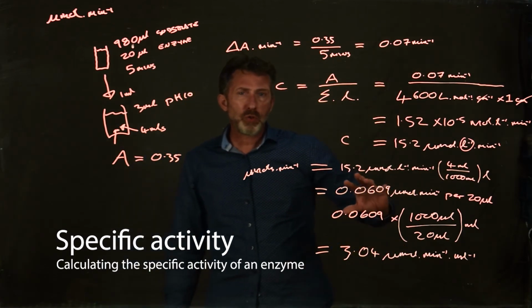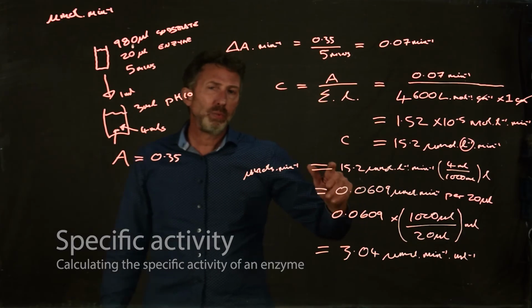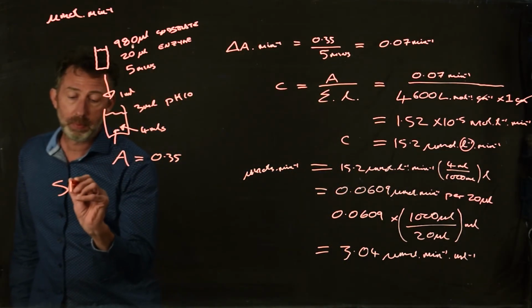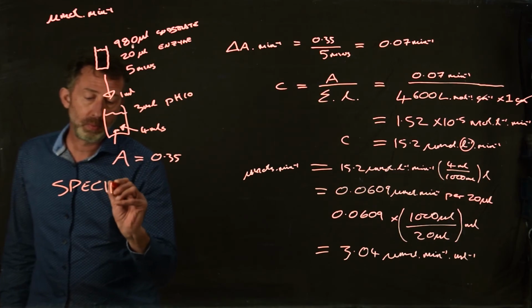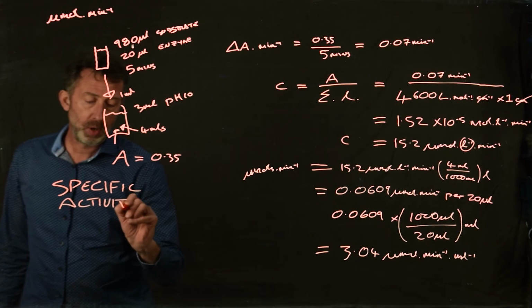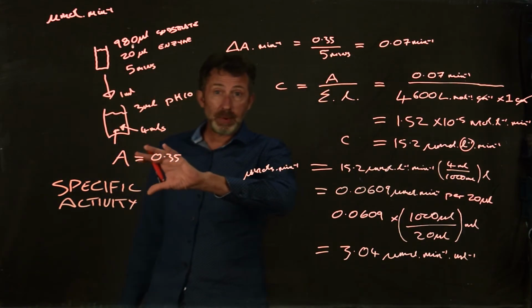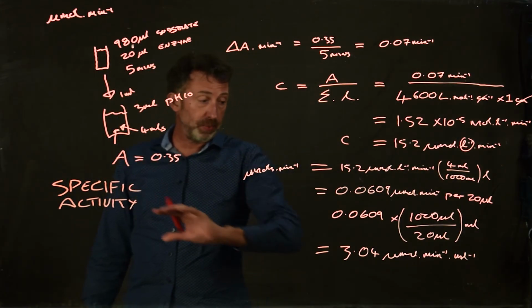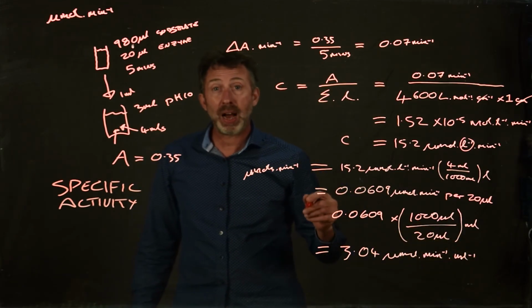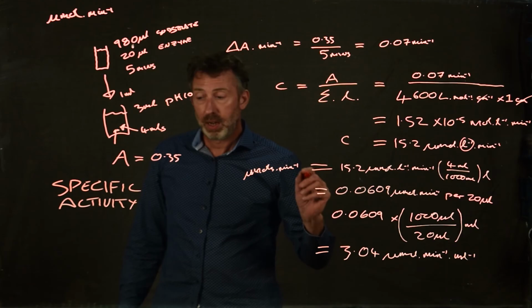Now that's all very well, but often we want to know the specific activity. The specific activity is a measure of purity of the enzyme. This value here, this per mil value, doesn't tell us anything about how pure that enzyme is.